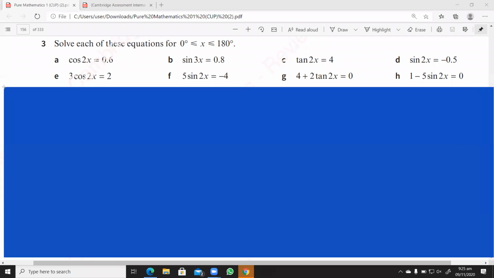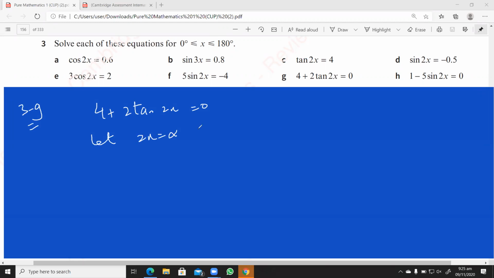Okay. Now, which part should I do from here? Just tell me one part. Okay, so we try this 3G. We have 4 plus 2, 10, 2x equal to 0. I'll say, let this 2x equal to alpha.